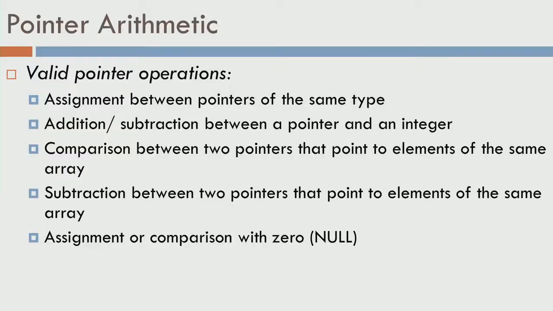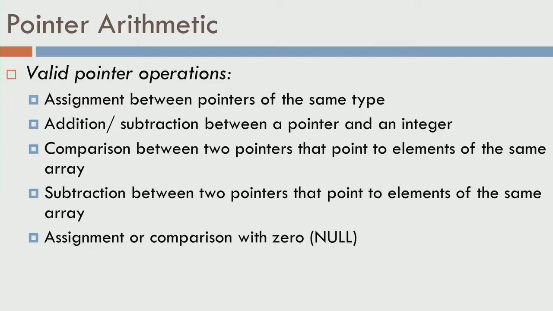So, let us look at a few things related to pointer arithmetic. I am going back to pointer arithmetic. You can do a lot of things with pointers and arithmetic related to pointers. You can assign between pointers of the same type, you can do addition and subtraction between a pointer and an integer. We already saw this example, we did PTR plus 1 and PTR plus plus and so on.